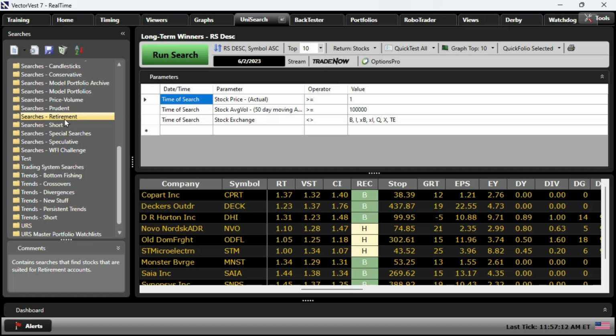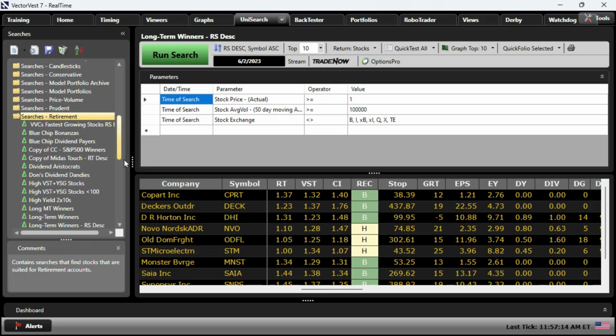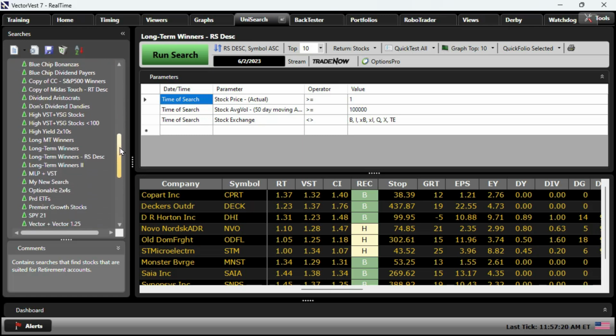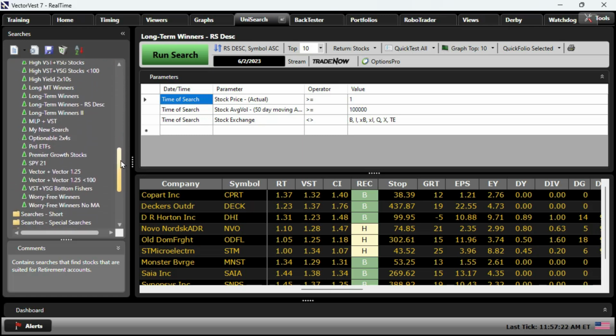Let's start in the retirement folder. Okay, let's start here. So if I'm in the searches retirement folder, I'm going to come down, and I already have long-term winners RS descending chosen here. Remember, when you choose a search down below, it has the comments, and it'll tell you exactly what the search is designed to do.